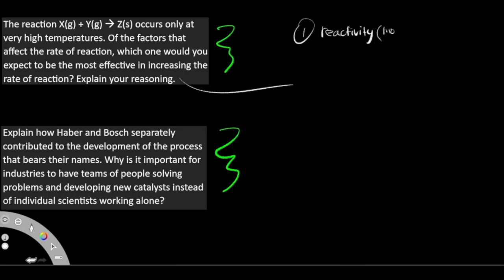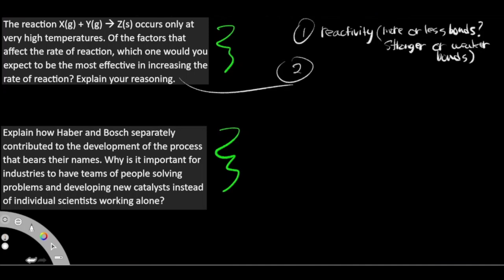So if there are more or fewer bonds, they may or may not be more reactive, as well as stronger bonds. So brush up on what these were in that video for collision theory.